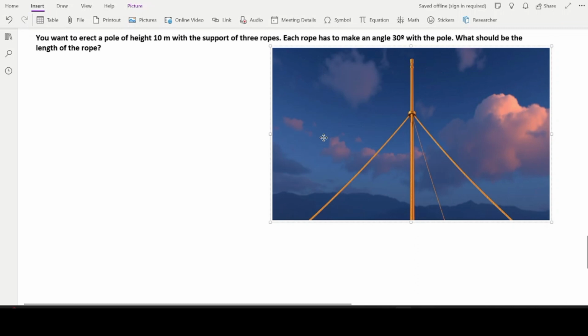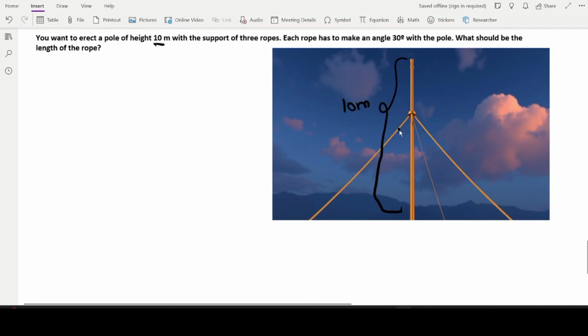Next, the fifth problem. You want to erect a pole of height 10 meters with the support of 3 ropes. Each rope has to make an angle of 30 degrees with the pole. What should be the length of the rope? So you are trying to erect a pole of height 10 meters. You are using 3 ropes.